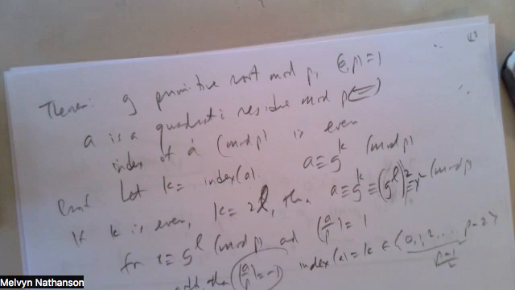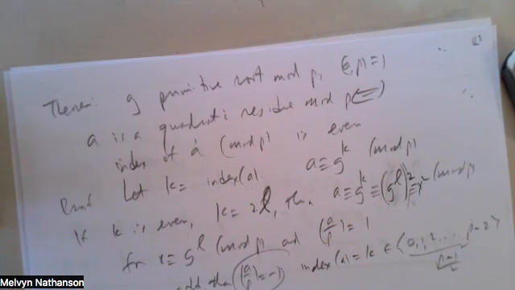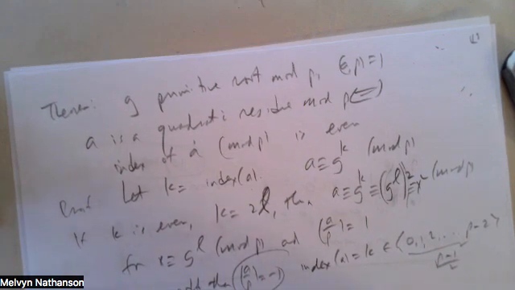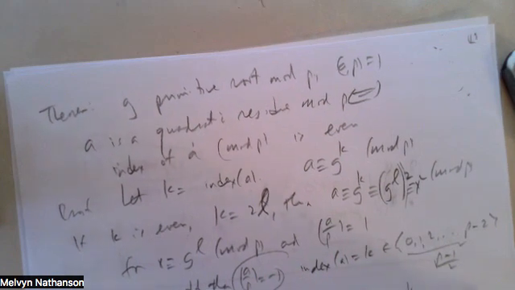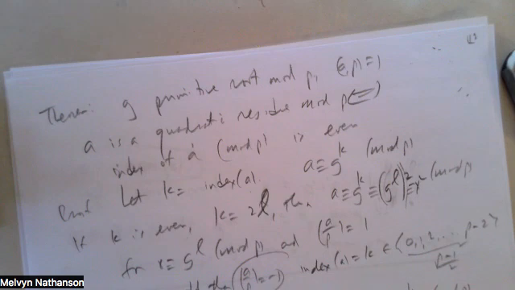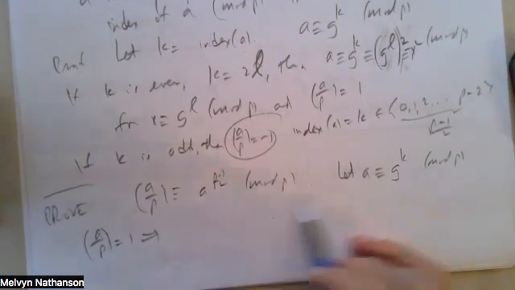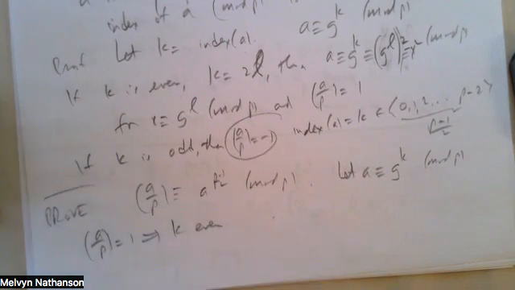So let's see, how can we prove the theorem? I want to prove that A over P, the Legendre symbol, is congruent to A to the P minus 1 over 2 mod P. So suppose that A is congruent to G to the K mod P. If A over P is 1, if the Legendre symbol is 1, that means the index K is even.